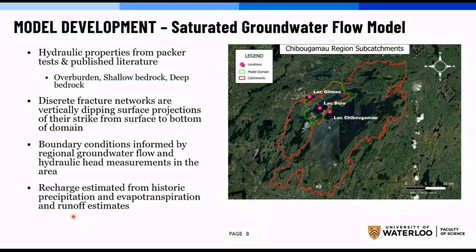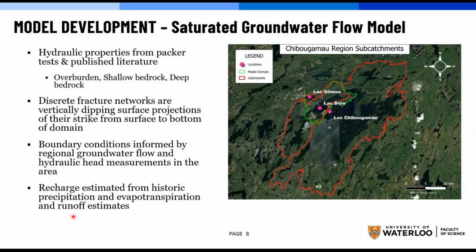Most importantly, right now we're talking about that saturated groundwater model, is how we represent the interaction with the surface. In this case, that interaction is represented in the recharge boundary condition. For this case, Adam collected the precipitation measurements historically from the area. He used ET estimation to remove that, mostly out of computational ease and also not having the information needed to run the ET module within HydroGeoSphere later on.